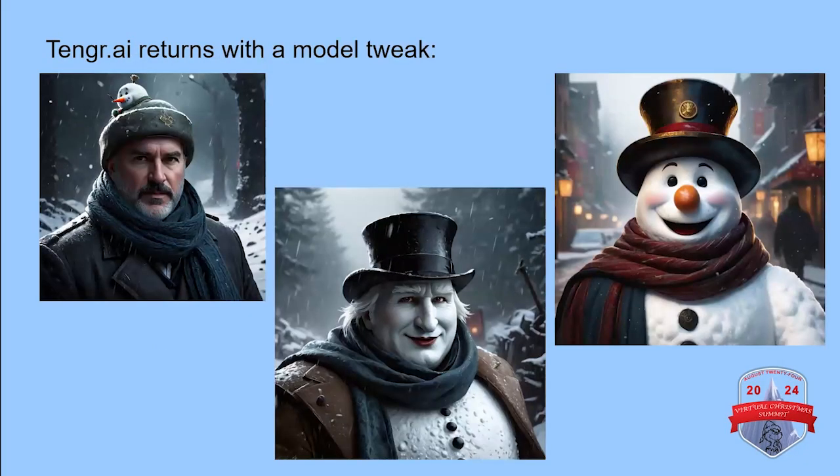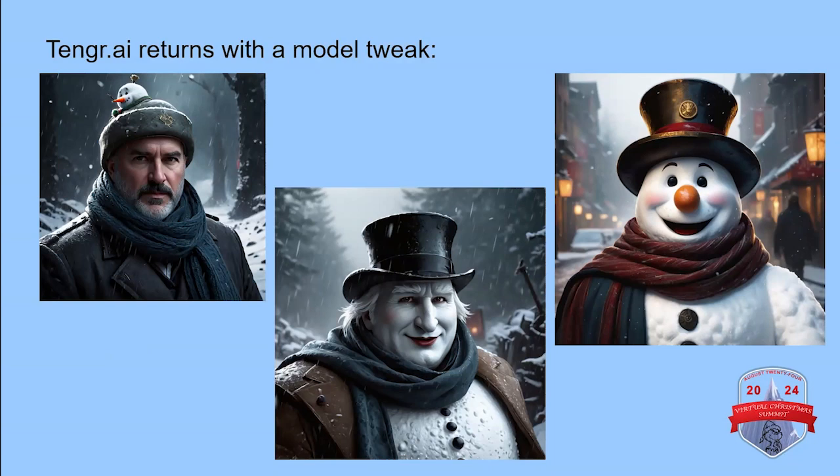So this is another service, Tensor.ai. The same prompt, exact same words, returns something different from Bing, returns something different from Leonardo. And then I went in and tweaked the model just a little bit. I changed one of the drop-downs. One item changed, and it returned a guy that kind of looks like he's out in the woods, but he has a snowball on his head. The middle one looks a little scary, but is kind of what I was going for, but not as much of a snowman per se. And then the standard stock snowman.